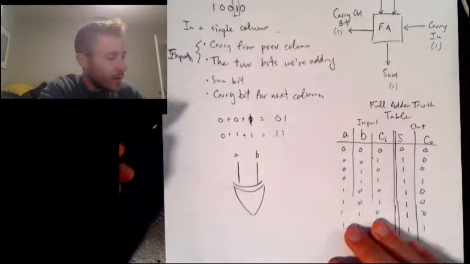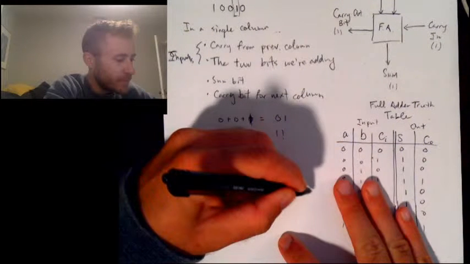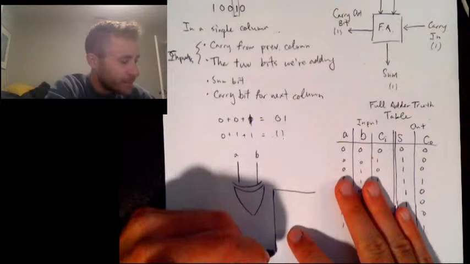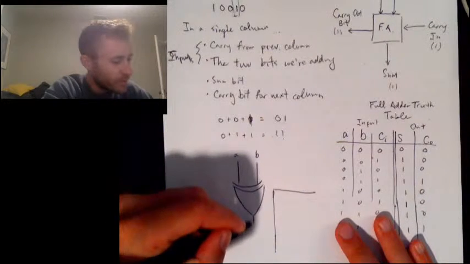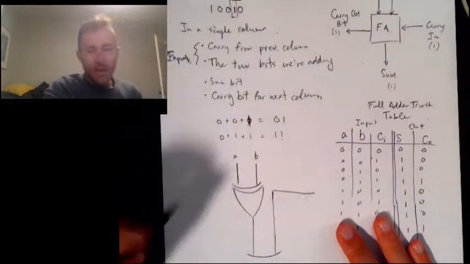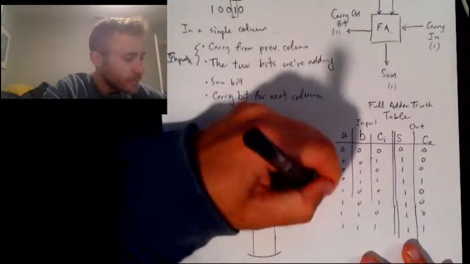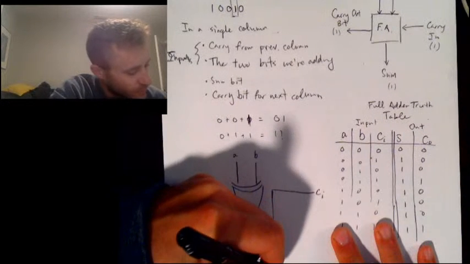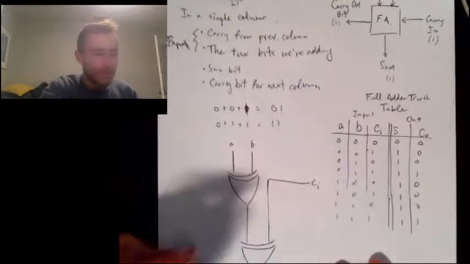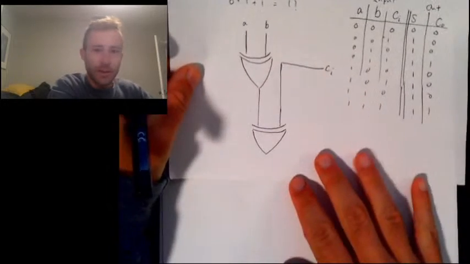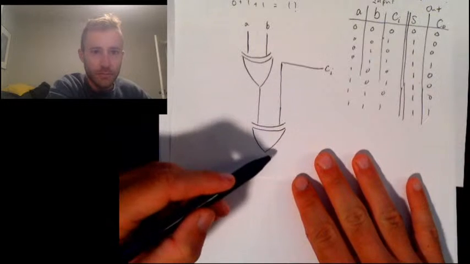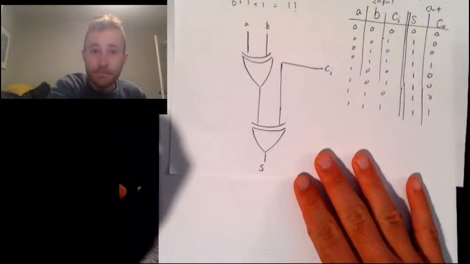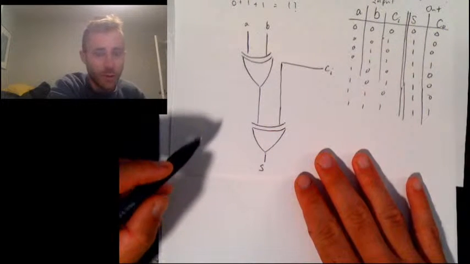Then you have your carry in bit, which is XOR'd with A and B. So you have basically a double XOR, an XOR of an XOR, and the output of that is going to be the sum bit. You can verify it for yourself if you want to.